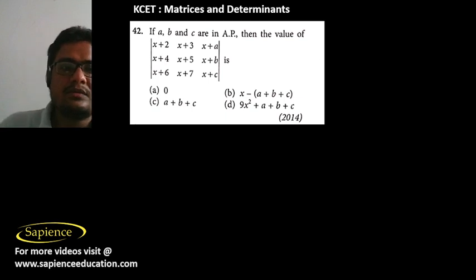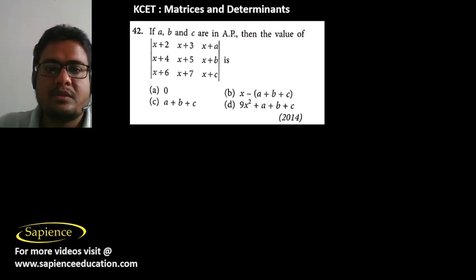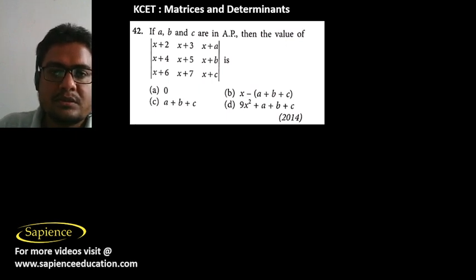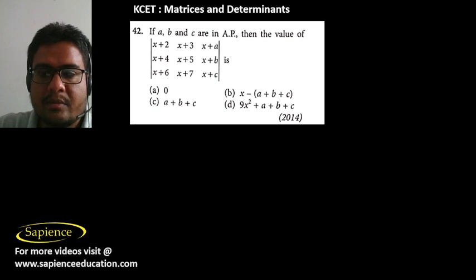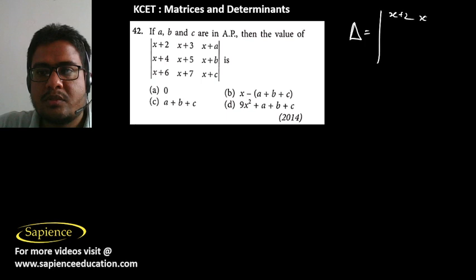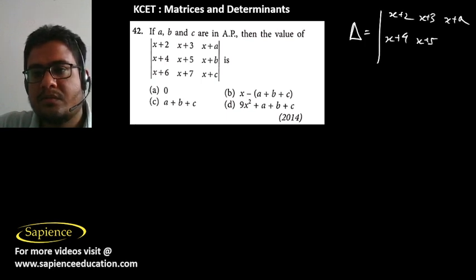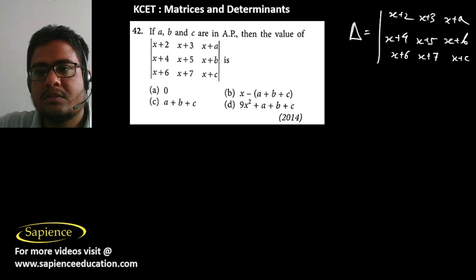Then here it is told, if A, B and C are in AP, then find the value. So then what we can do, we can write the given determinant as delta, that is equal to x plus 2, x plus 3, x plus a; x plus 4, x plus 5, x plus b; x plus 6, x plus 7, x plus c.